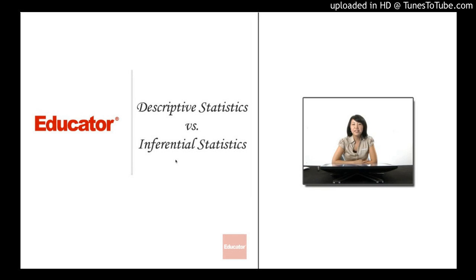And in order to make that leap, we're going from sample statistics to population parameters, right? And so we're going to be estimating things like estimating mu from x bar, right? That's estimating the mean of the population from the mean of the sample.